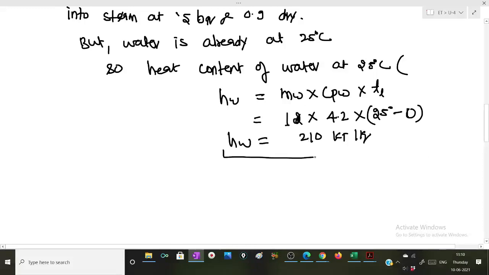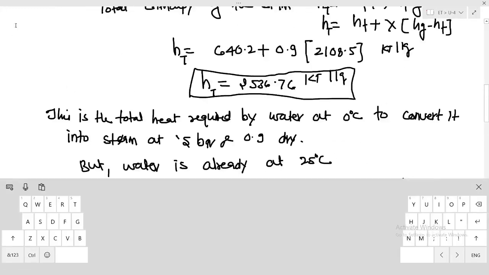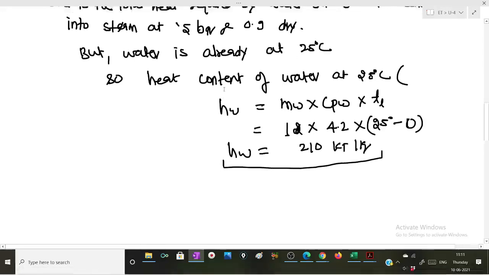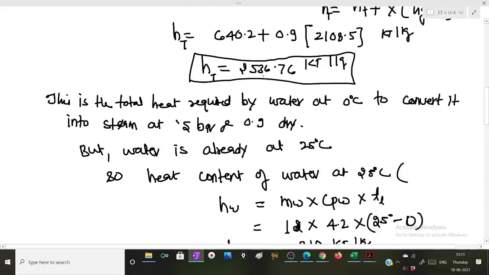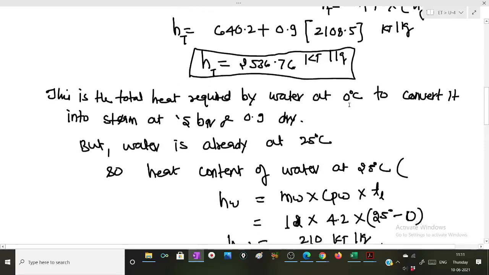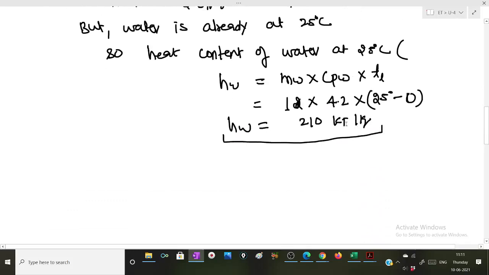So this will be the amount of enthalpy or heat content water is already having. Now we have this much heat required by unit mass of water to convert it into steam from 0 degrees Celsius to 5 bar 0.9 dry. But our water is at 25 degrees Celsius, so this much heat it is already having because its temperature is raised to 25 degrees Celsius.